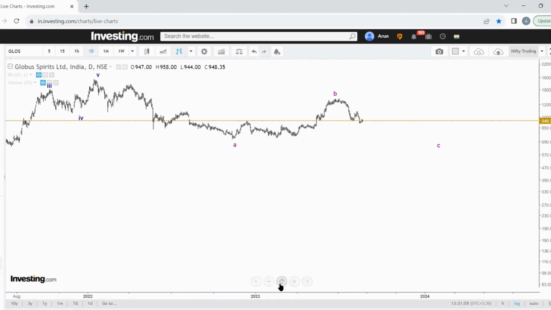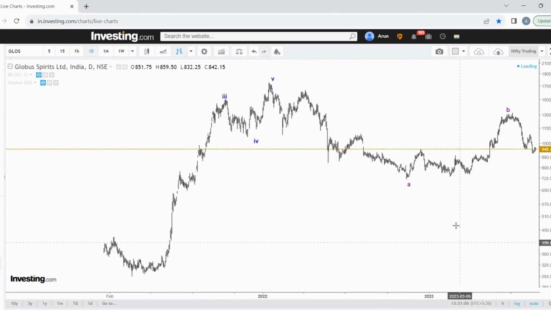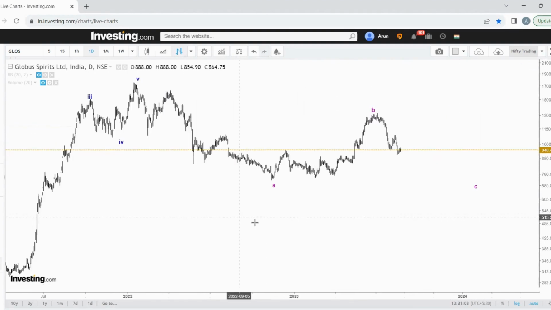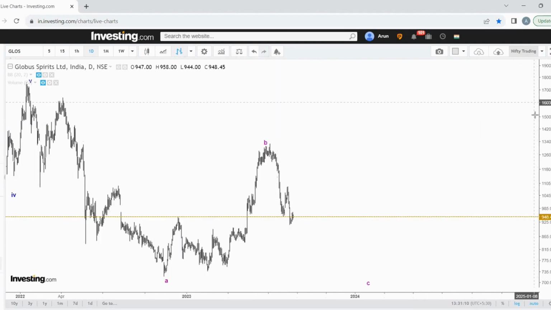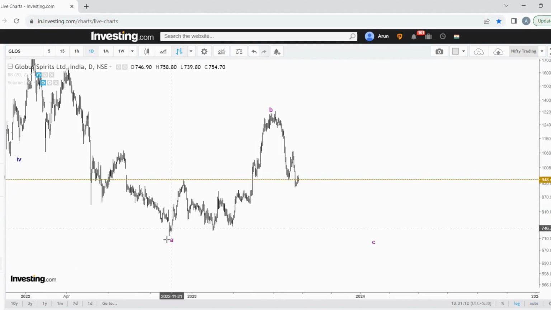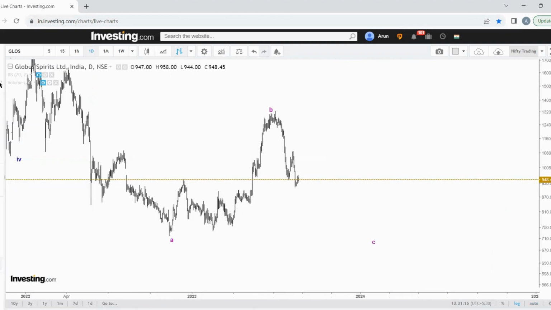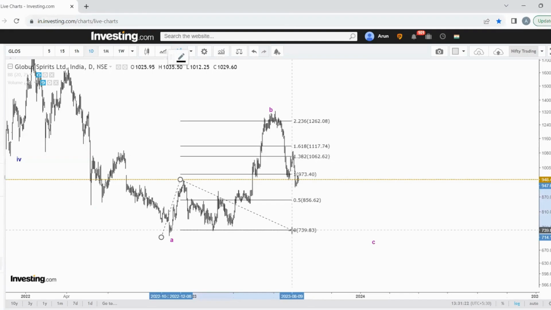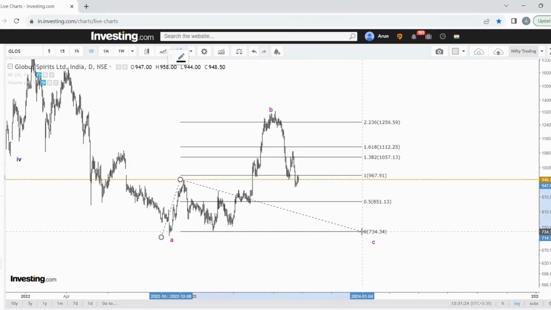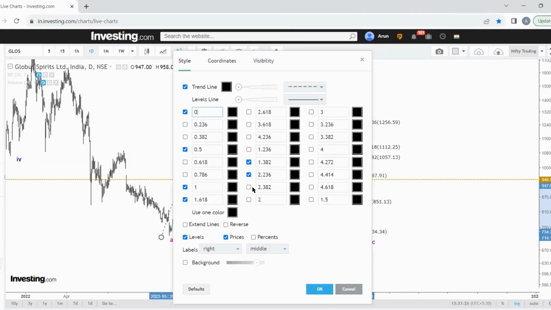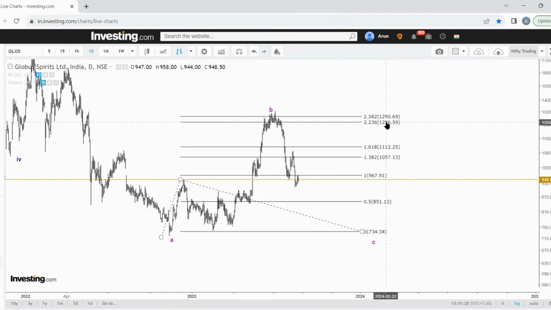And if we go to daily, if it is ABC, this A wave relates to C wave, 2.382% relates.